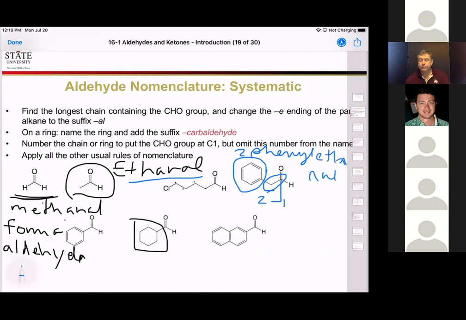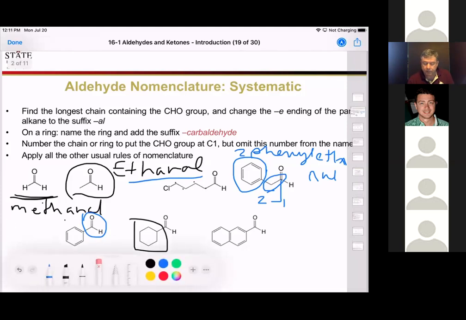Now, it's slightly different when the aldehyde is bonded directly to the phenyl ring. When it's bonded directly to the phenyl ring, we're going to say benzene carbaldehyde. So it'd be a benzene carbaldehyde. In this case here, where we have just our benzene, it also has a common name.